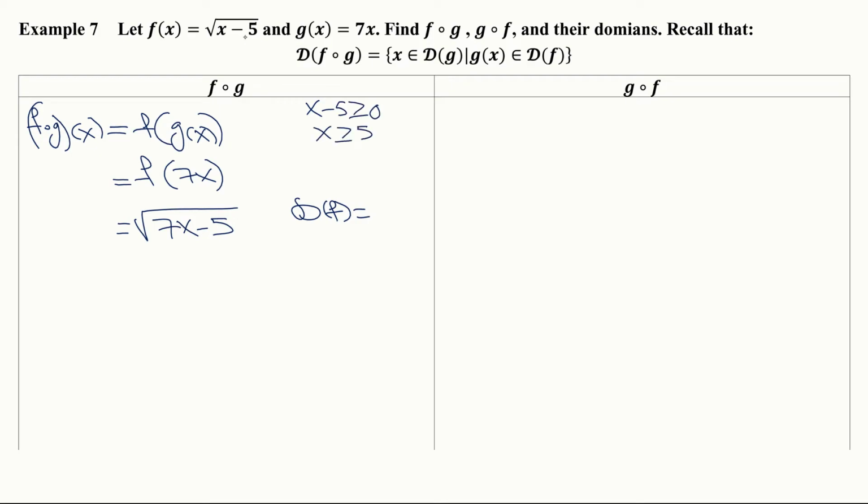So the domain of f is bracket 5 comma infinity, right? Now g, of course, is just a polynomial, in fact a linear function. So the domain of g is all reals, right?